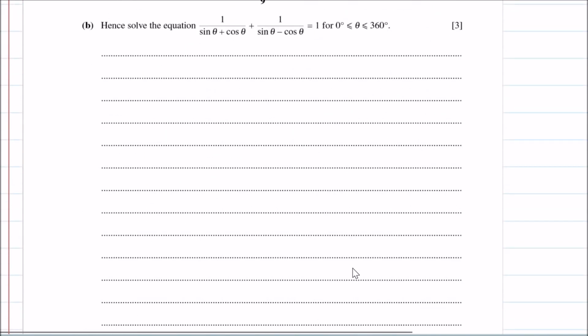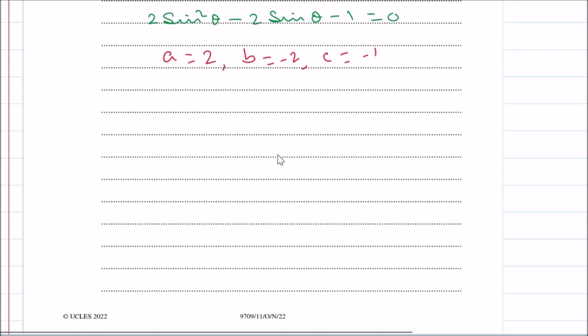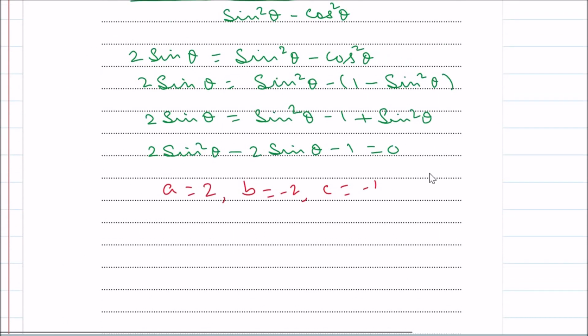Hence solve the equation 1 by sine theta plus cos theta plus 1 by sine theta minus cos theta equal to 1, for theta lying between 0 and 360. So for this we have already converted into a quadratic form, so we'll take that form from there.